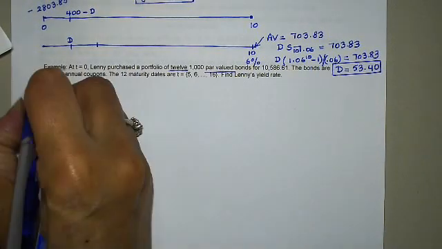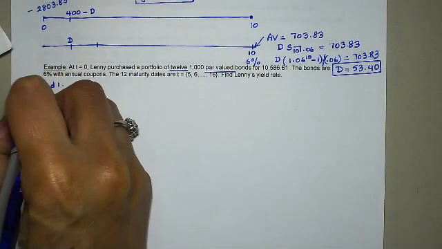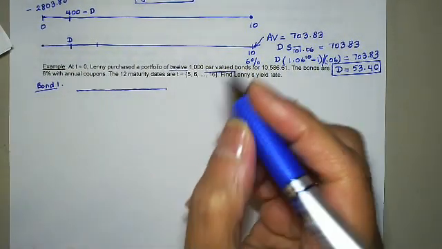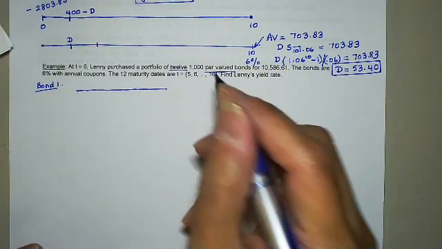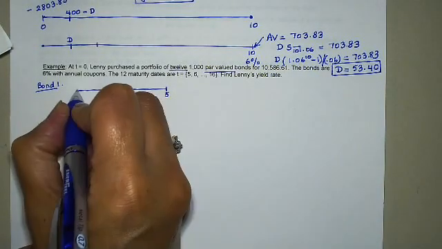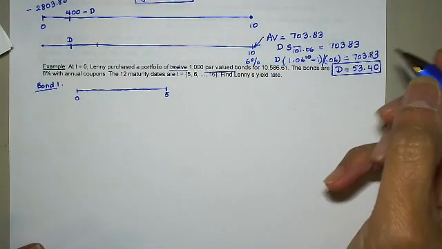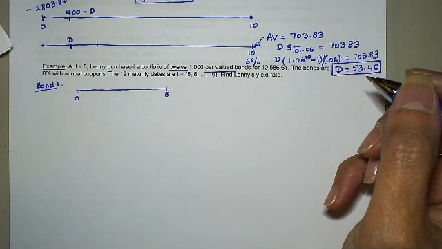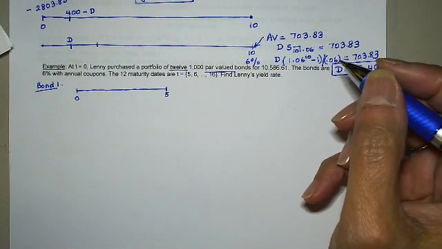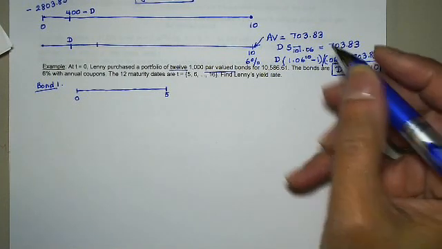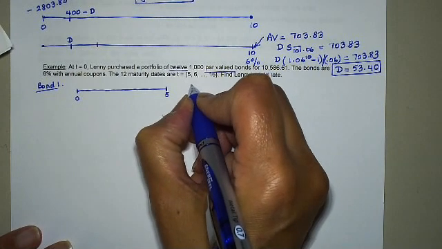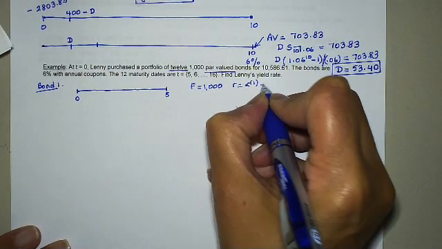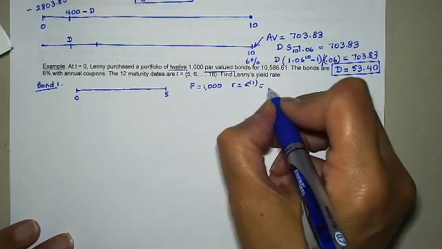How about bond number 1? What does that look like? It matures at t equals 5, so let's have 5 here, and annual coupons. F equals 1,000 and r equals 6%.